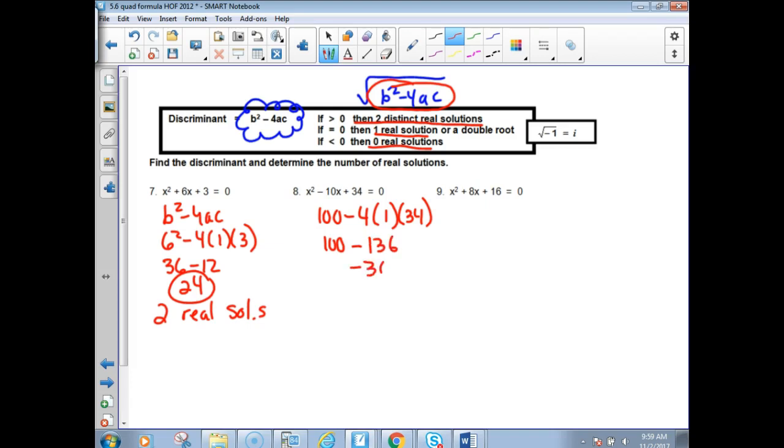It's negative 36. And that would mean that since it's negative, there are no real solutions. If you'd like to write that there's 2 imaginary, that's what you get. That means that parabola doesn't cross the x-axis.